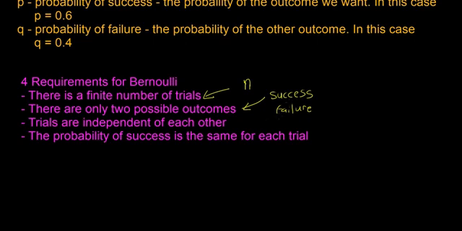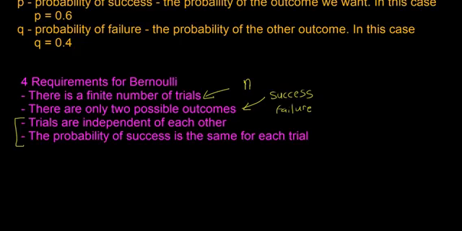The trials all have to be independent of each other, and the probability of success has to be the same for each trial. Those are sort of similar, so that's why I drew this little bracket around them. An example is, I think, one Leaving Cert question where a girl was shooting free throws at a basketball match, and they said there's a certain probability that she'll score the free throw, but if she misses the free throw beforehand, then there's a lower probability that she'll score because, I don't know, she's demotivated, she missed the last one.